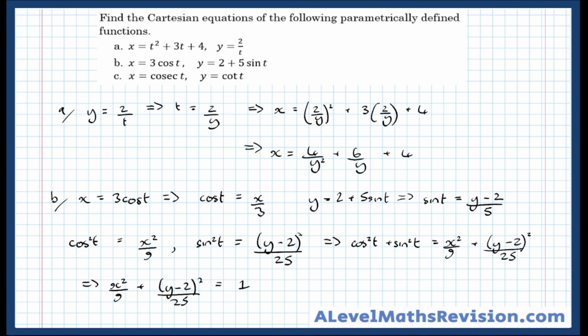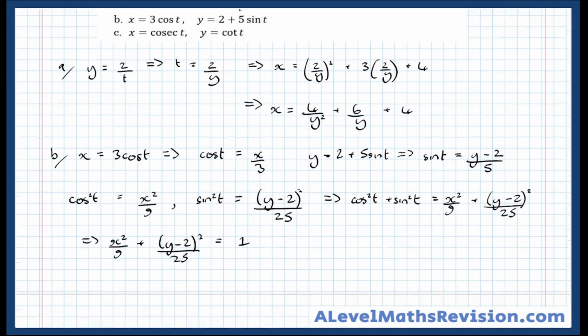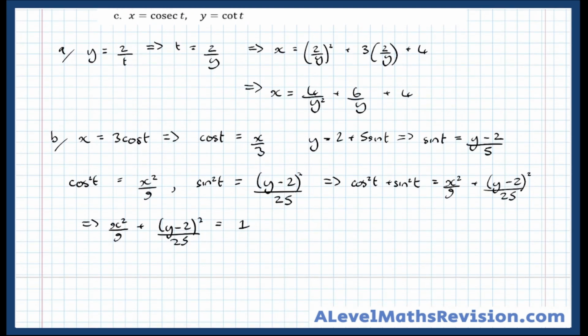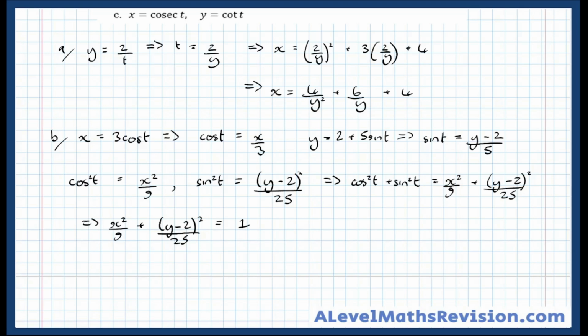And the final example, x equals cosec t and y equals cot t. So we're going to use another trig identity involving cosec and cot. And that identity is 1 plus cot squared x is identical to cosec squared x. Or in this case, we're using t instead of x. So I'll put it in terms of t this time.